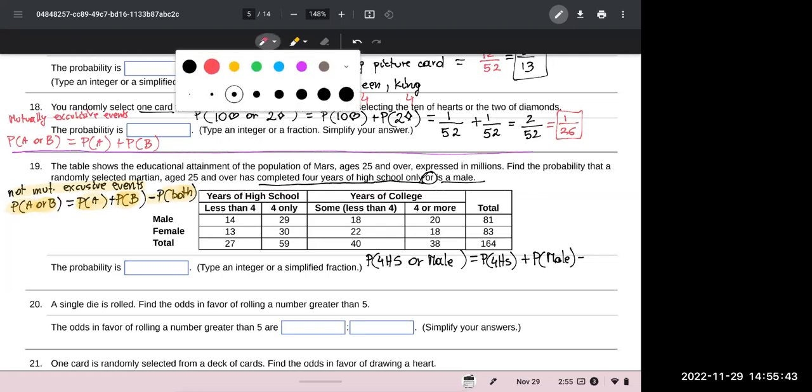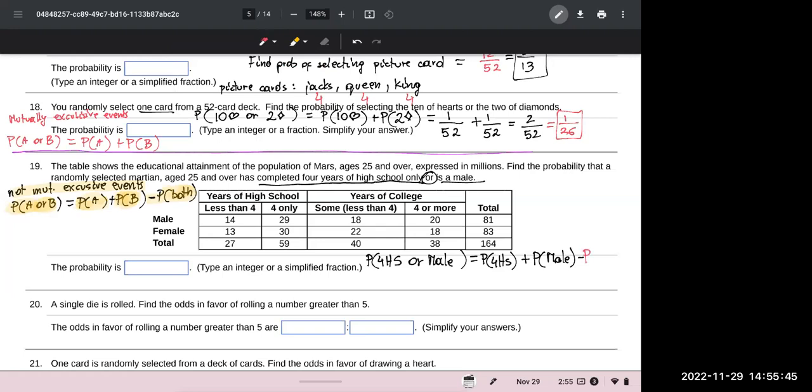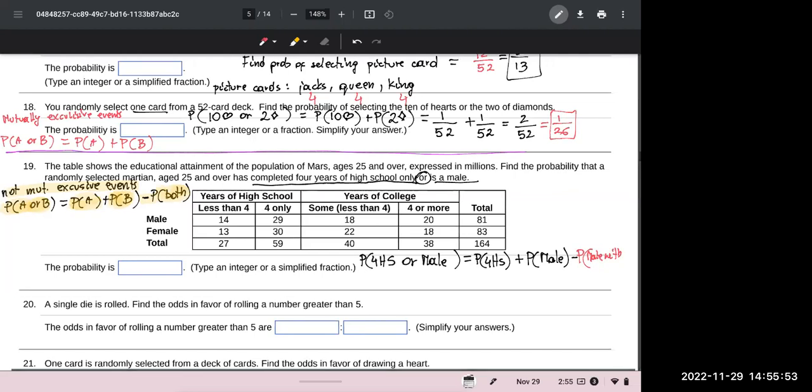So in our case, the probability of both is going to be male with 4 years of high school. So minus the probability that I'm selecting a male who has completed 4 years of high school. That means probability of both.